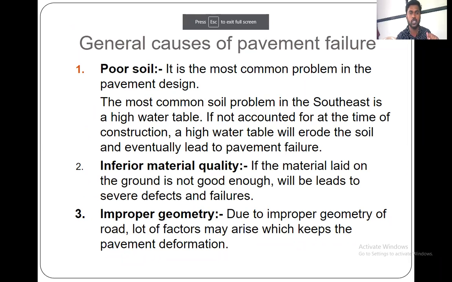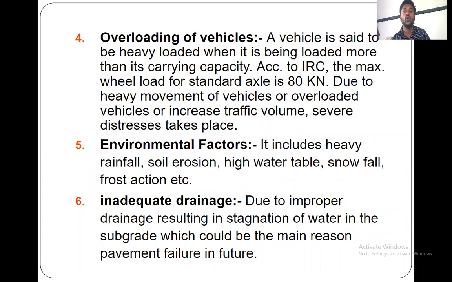So the general causes that we have discussed now: poor soil, inferior quality of material, improper geometry, overloading of the vehicle. See here, the IRC has suggested the standard wheel load of 80 kilonewton that we have seen, standard single wheel load, standard double wheel load, 4080 kg, then 8000.